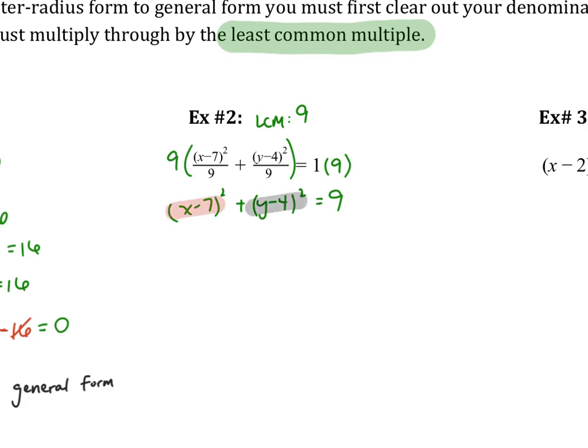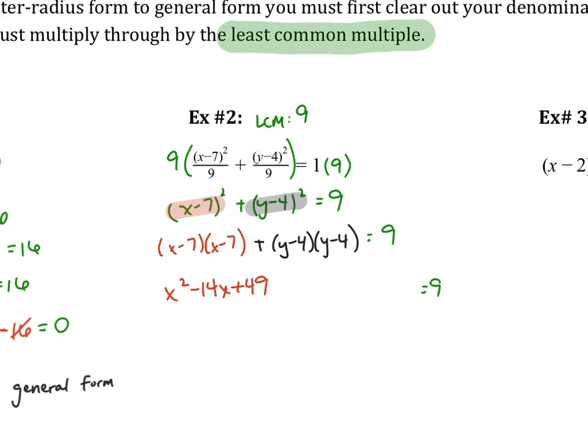I'll do the second term in black. x minus 7 times x minus 7. That gives me x squared minus 14x plus 49 plus y minus 4, y minus 4. That's going to be y squared minus 8y plus 16.